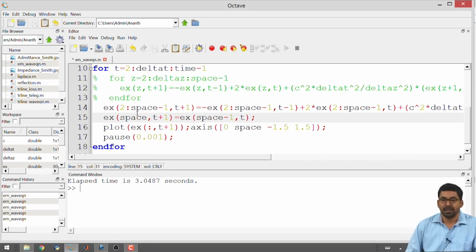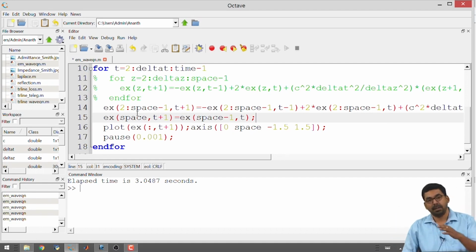Let us just look at what we have written. Ex at space comma t plus 1 is Ex at space minus 1 comma t. So, what it means is the new value of the electric field at the right edge is equal to the old value of Ex at the previous spatial location.